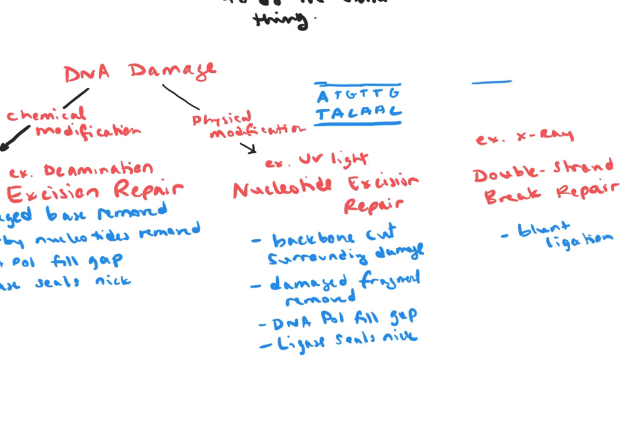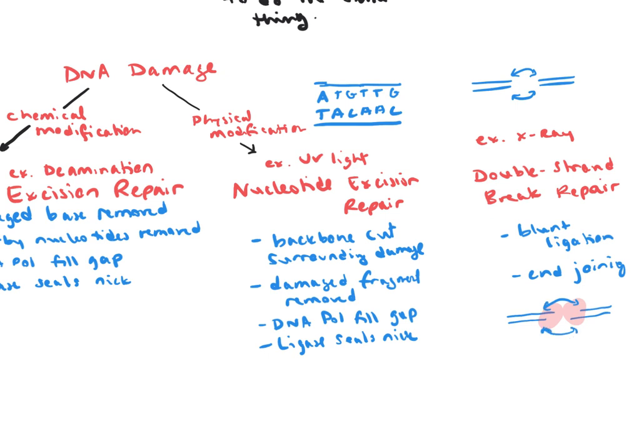So you would have two ends like this, and these ends have to be brought together by the repair machinery. There can also be breaks that create overhangs, and so this is the more common way that these are sealed up. So a series of proteins will bind onto these overhangs here, and they will do work to bring those two pieces together.